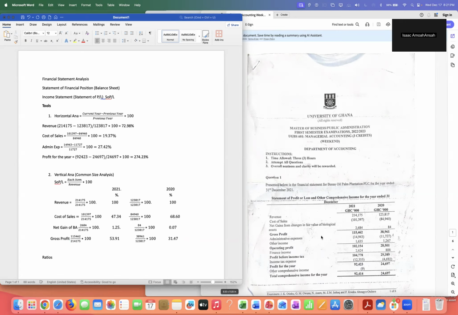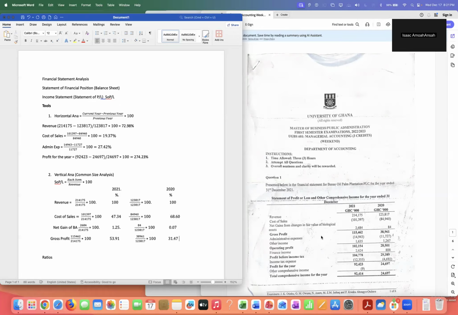Okay. So what are we saying? We're saying that in 2021, the firm was able to maintain a gross profit of 53.91% compared to the past year where they kept just about 31.47%, right? With an indication that the current year performs better with gross profit maintenance than the past year.